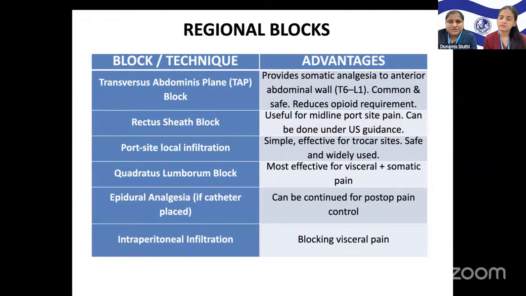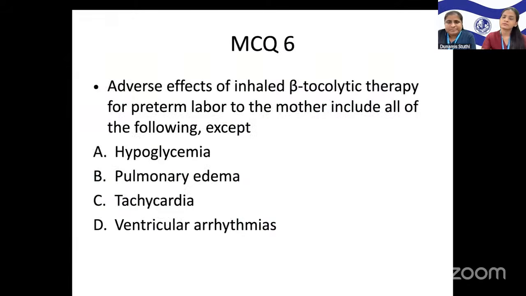Intraperitoneal infiltration either before the surgery or post-surgery before closing can be given. And if there is any chance of securing an epidural catheter, we can give epidural analgesia to tackle the post-operative pain, if required.